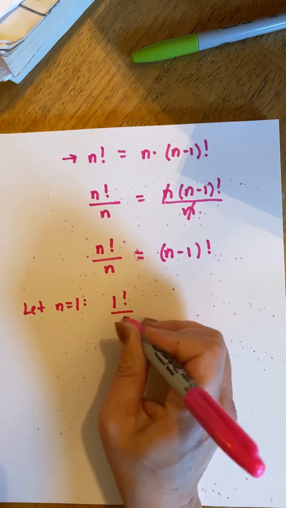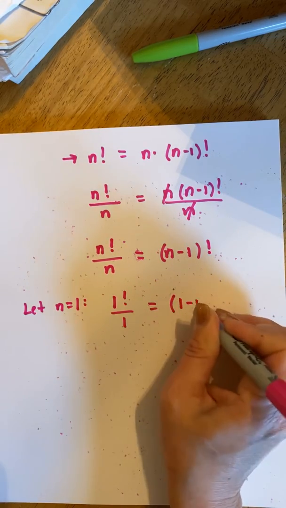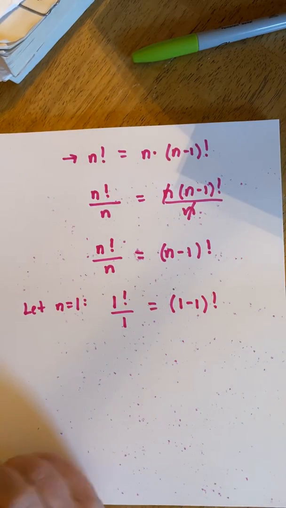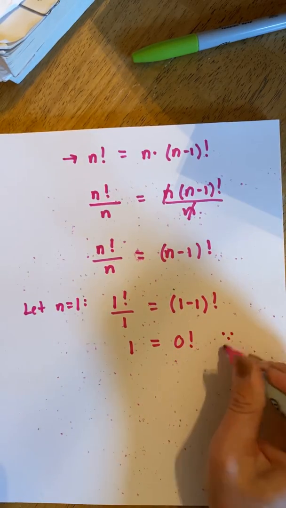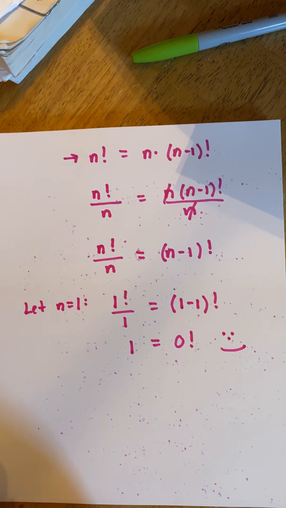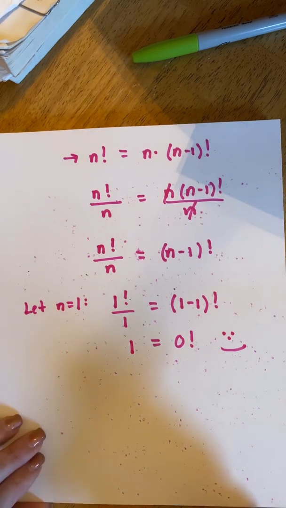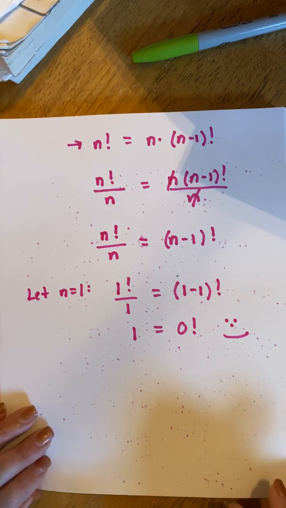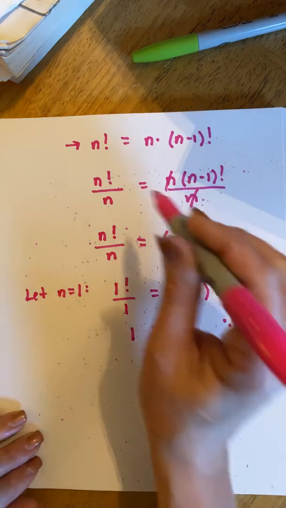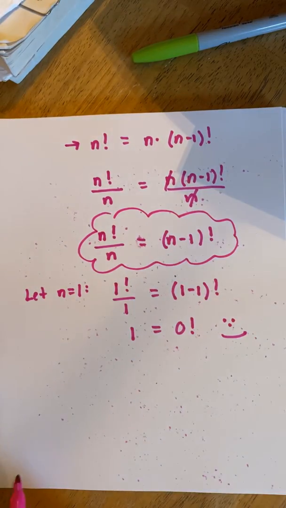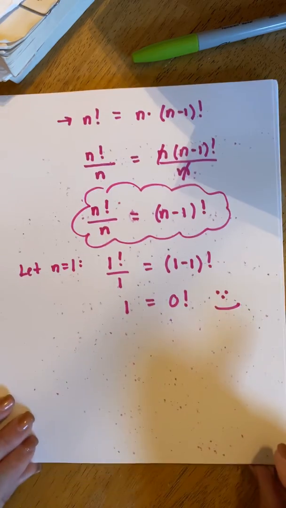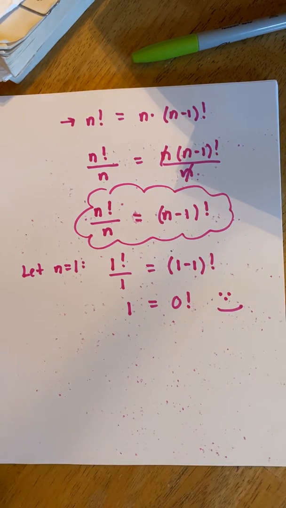Then 1 factorial over 1 is equal to (1 minus 1) factorial. 1 factorial over 1 is 1, so 0 factorial. There you go. Proof that 0 factorial equals 1. Okay, so this is also going to become handy. Keep this in mind too, that little template. All right, so that's it for 11.1.